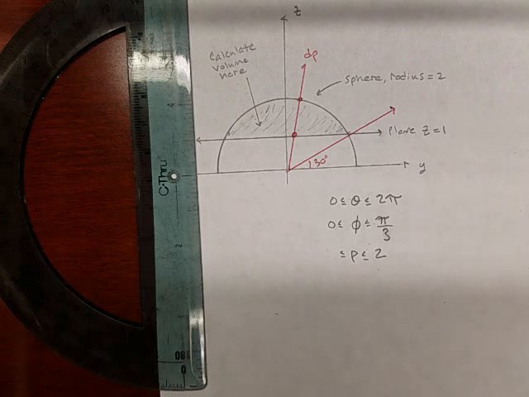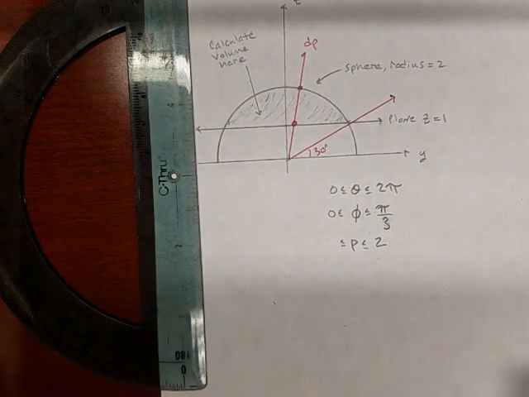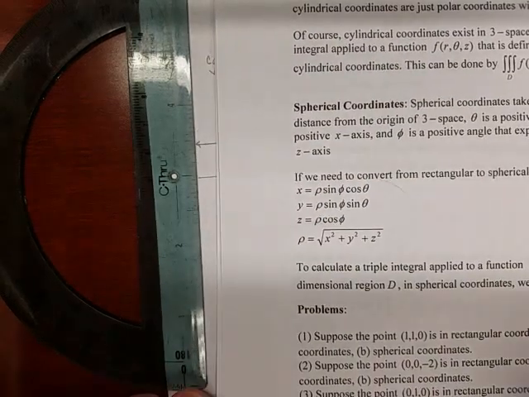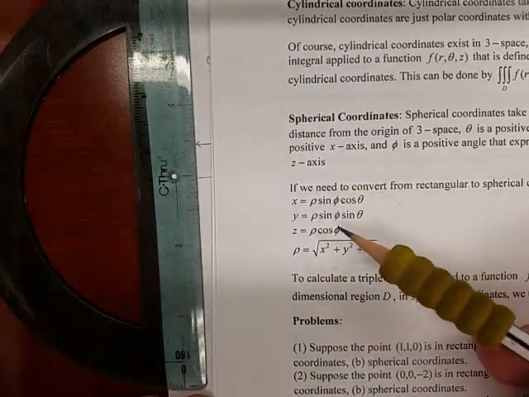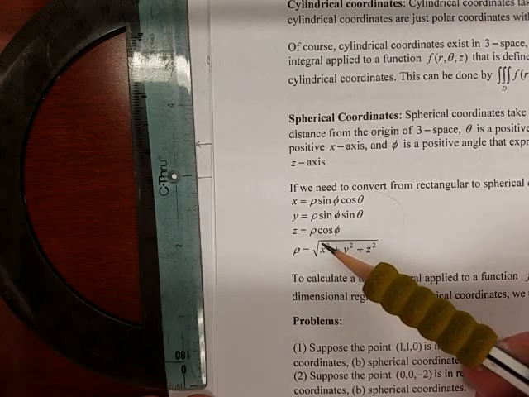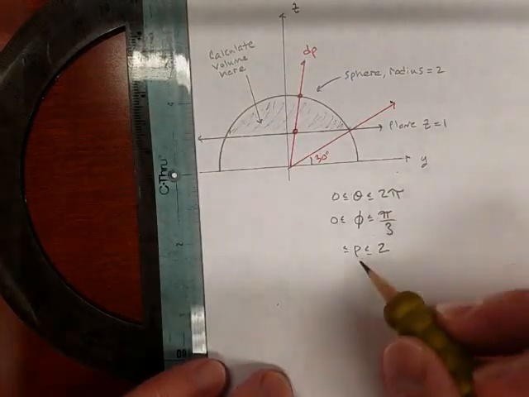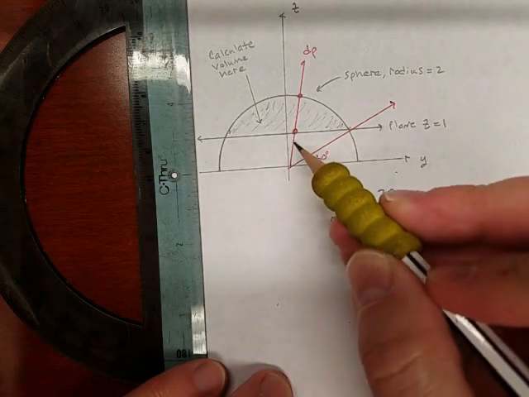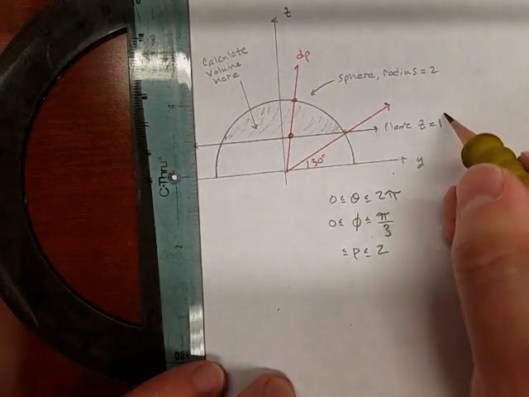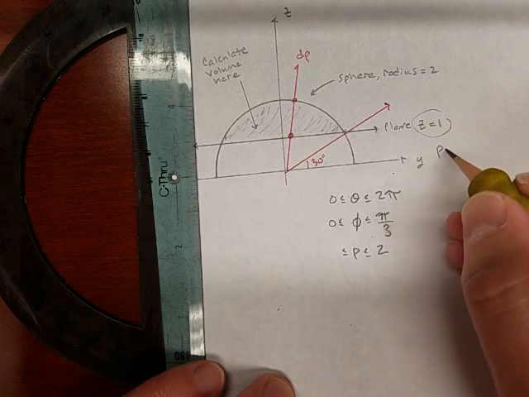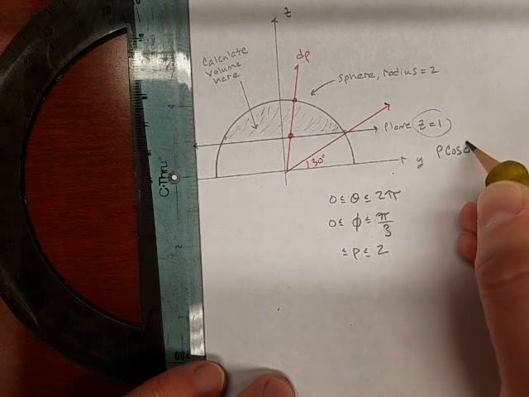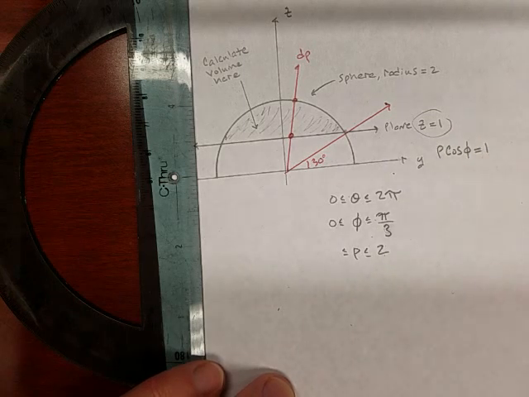But the plane's a little bit different. How am I going to express the plane? The plane is z equal to 1, and looking at the conversions we have, z is rho cosine phi. To express how far it is to that plane, I'll say rho cosine phi is 1.